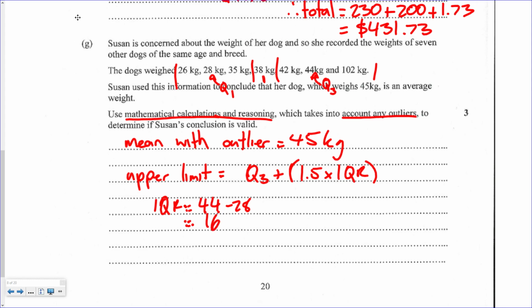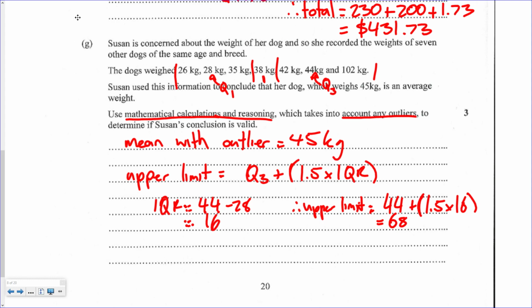So now we have the interquartile range, and we also know what Q3 is, so therefore the upper limit is, what was it saying? 44, the upper quartile, plus 1.5 times 16, which equals 68.